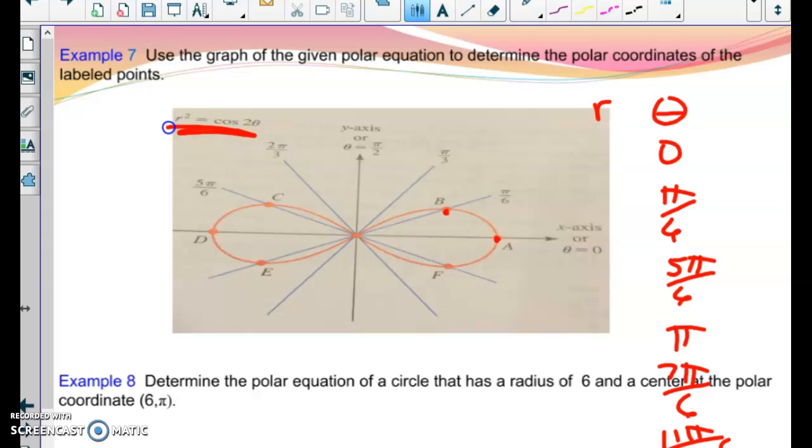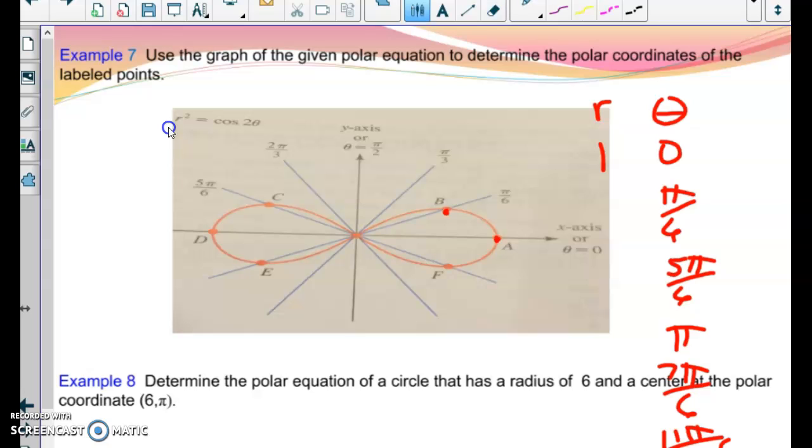So if I know 0 is the angle, 2 times 0 is 0, so the cosine at 0 is 1. So I know that r squared equals 1, so my r also equals 1 in that case.